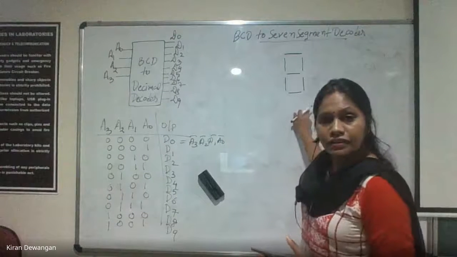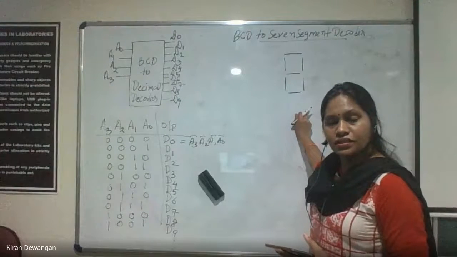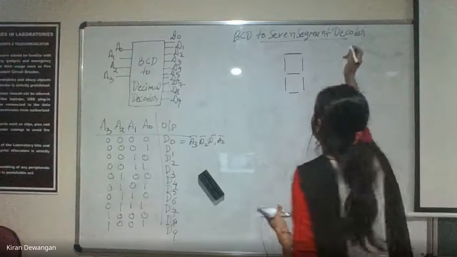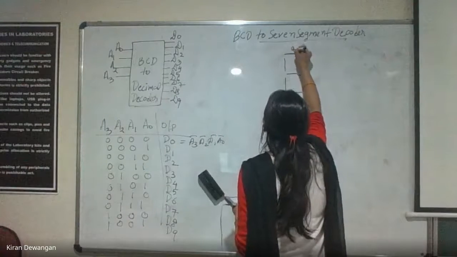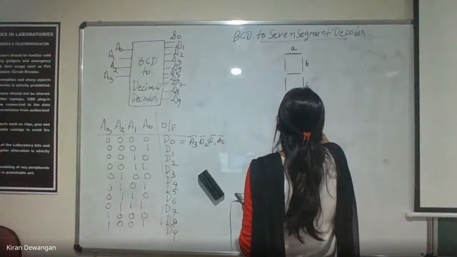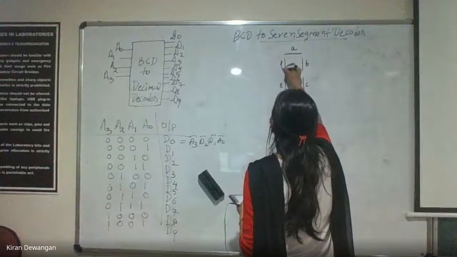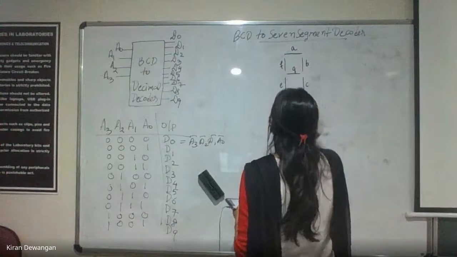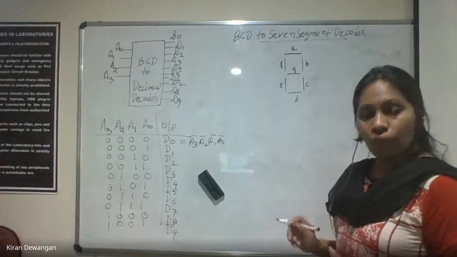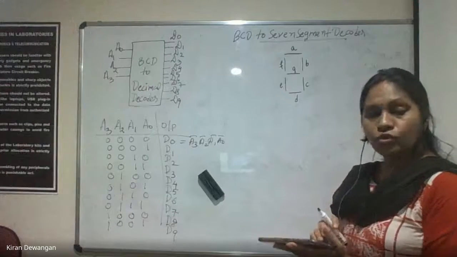Is this clear? Is it visible, students? The 7-segment display. So here we have 7 segments: A, B, C, D, E, F, and G. And this goes high depending on the combination. What output will it give?